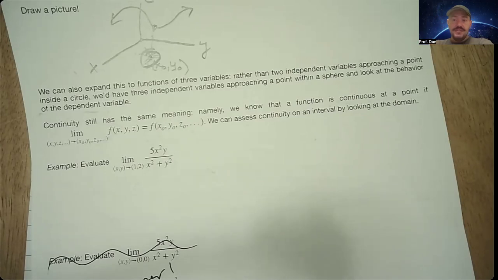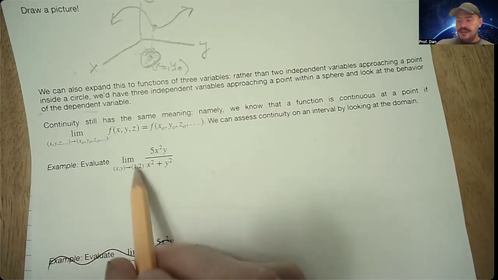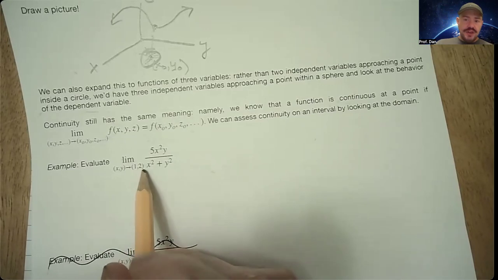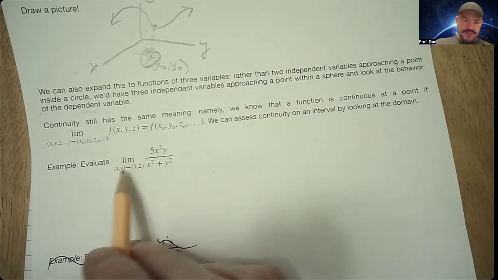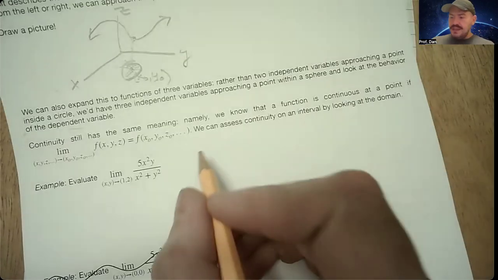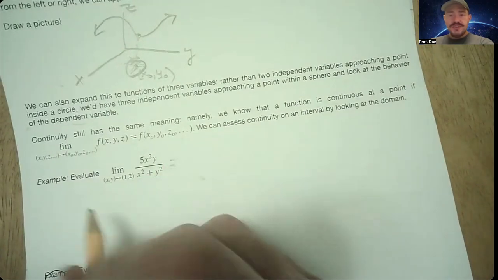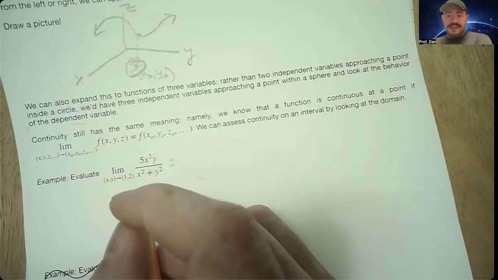If you get something with no issues, then that's your limit and you're done. Same thing applies for two variables and for three variables. The first thing you want to do is try plugging in the x and the y that x and y are approaching. And if you get something with no hassle, no problem, then you're done.